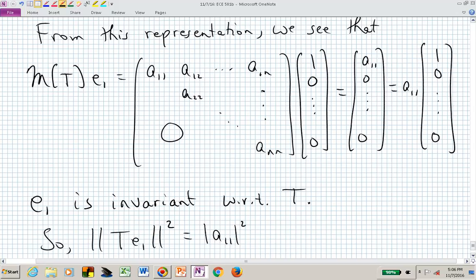So now we're saying that the norm squared of TE1 is the same as the norm squared of that vector, which is just each coordinate's absolute value squared.